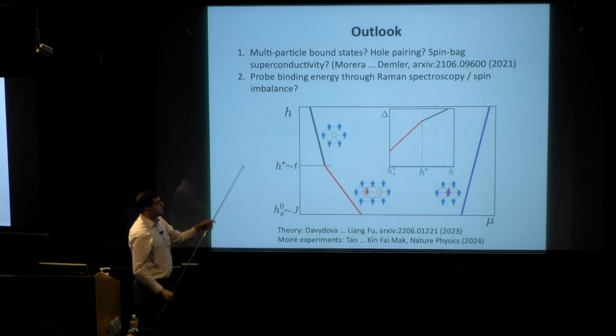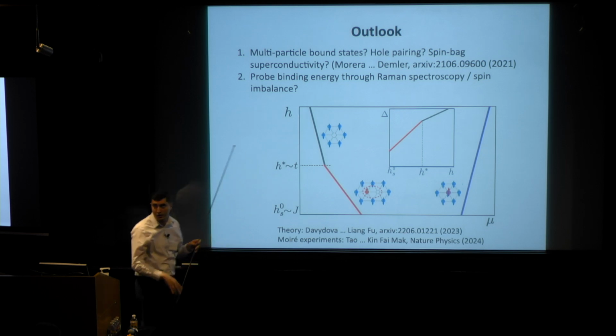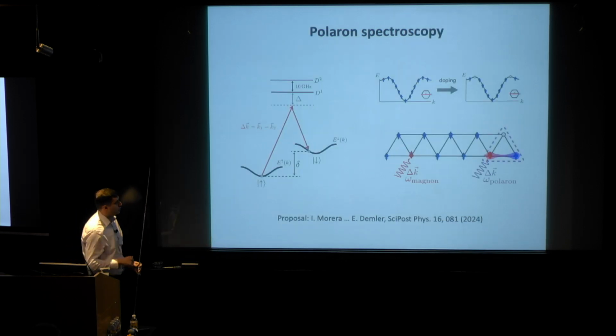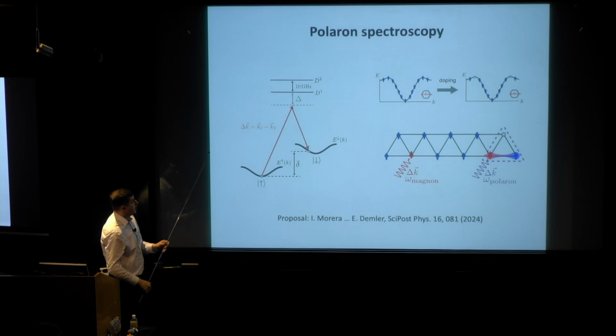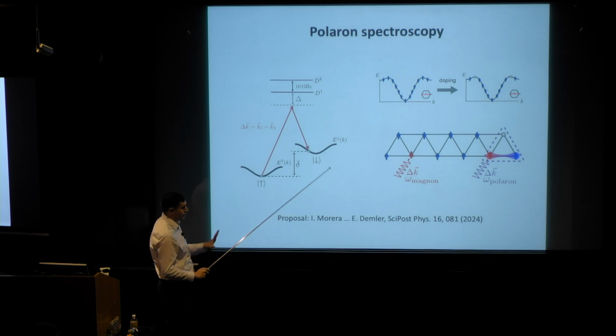Another approach would be to create the polaron with Raman spectroscopy, and that's what I want to cover in the last few slides. That's something we've just started exploring, and the idea is inspired by Eugene's proposal. We're starting with a 2D system which is spin polarized, so all the spins are up, and maybe you have a few holes in the system.